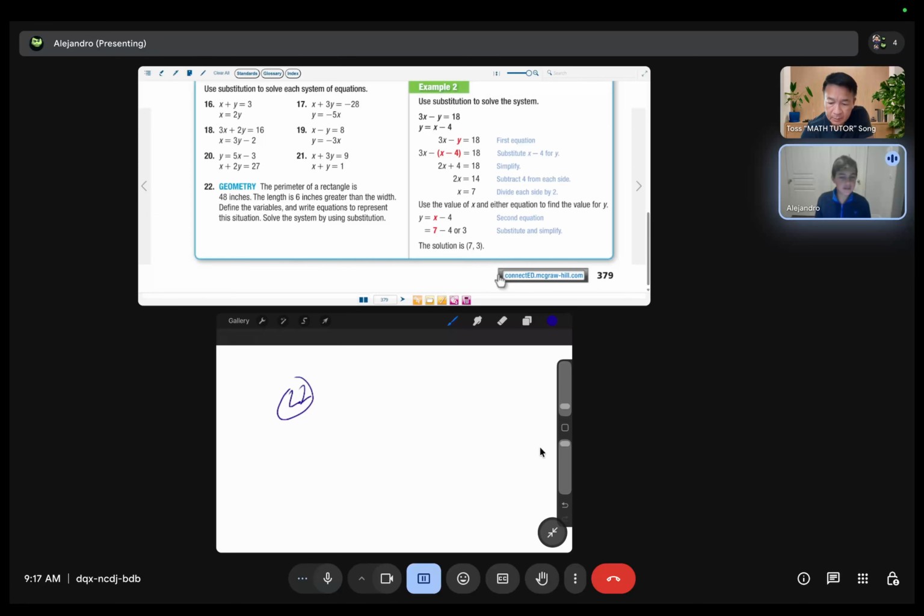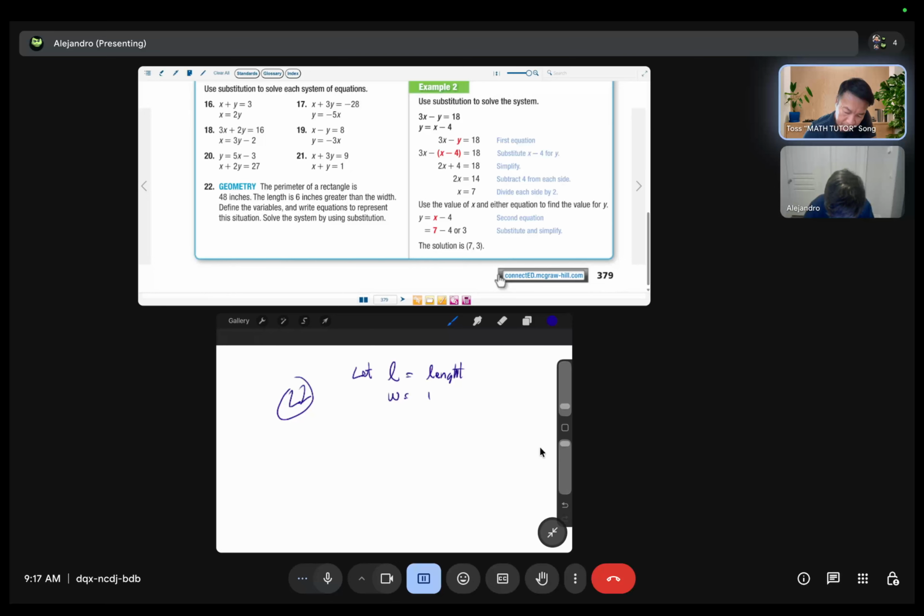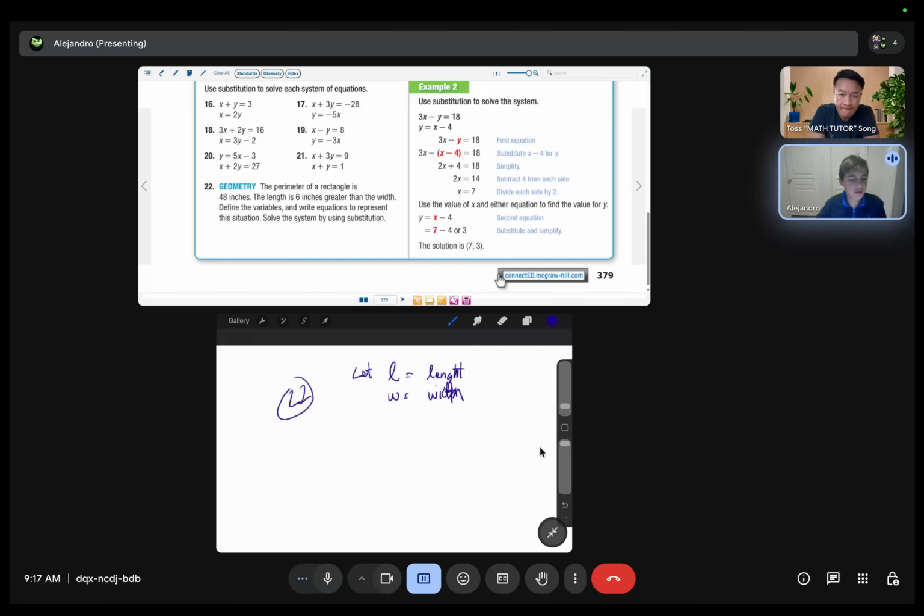So I'll probably define the variables first. Oh, yes. Sorry. Let L be the length and W the width. And let's write the equations.